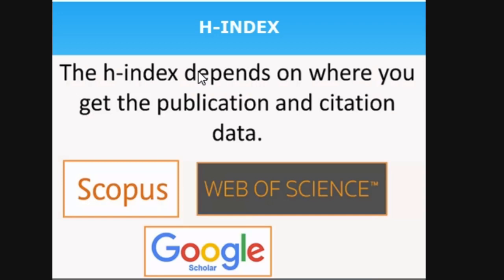So when you publish research in those journals, you will have citations from those only. When you publish in Scopus, you will get the H index in Scopus. Similarly, when you have published in journals indexed in Google Scholar, your H index will vary, right? So depending upon the data source, H index will vary. Okay.